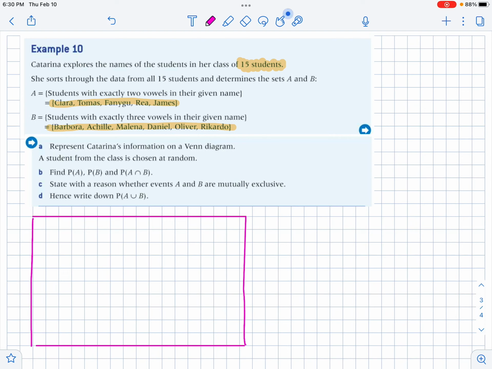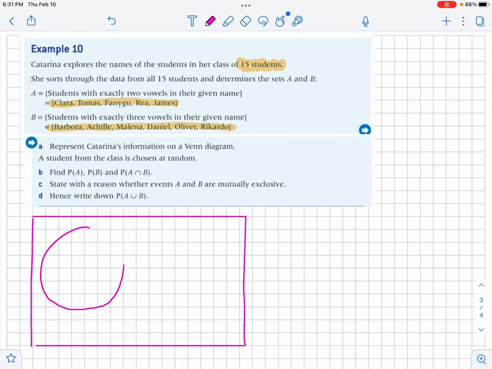I feel like a lot of people, when they go to set up a Venn diagram, always draw an overlap, and they're like, well, that's a Venn diagram. There's always an overlap in the middle. That's not necessarily true. And it's not true in this situation, because if somebody has 2 vowels in their name and somebody has exactly 3 vowels in their name, there's no overlap. There's no person that has exactly 2 vowels and exactly 3 vowels in their name. So these are going to be mutually exclusive of each other.